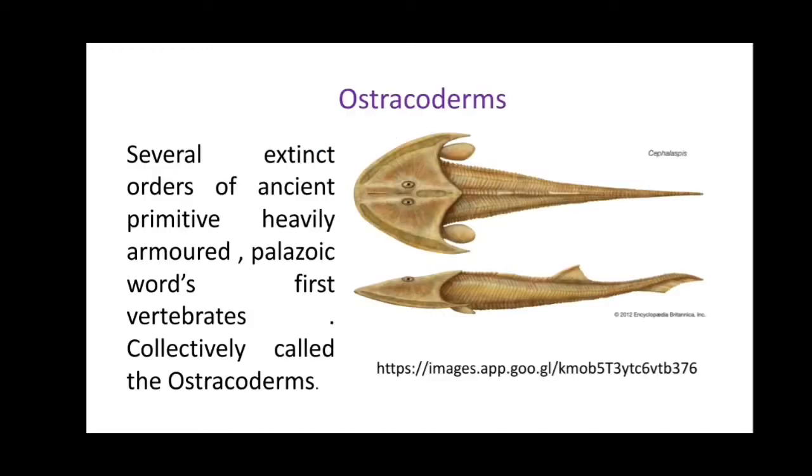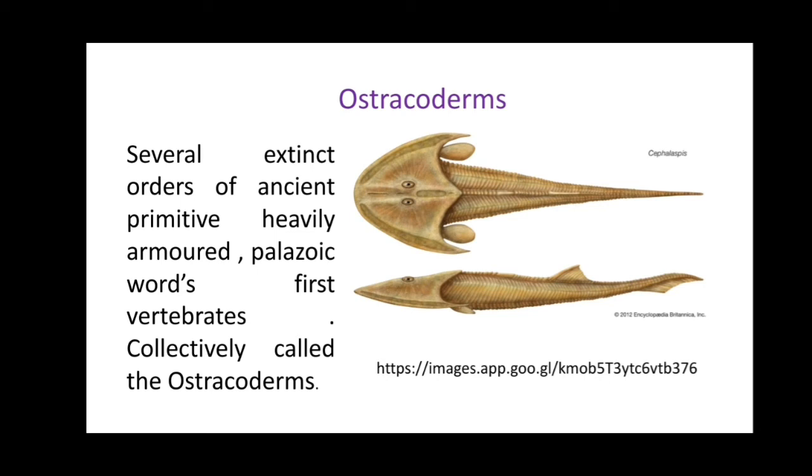Here, in the class Ostracodermi, you can see these ostracoderms included several extinct orders of ancient, primitive, heavily armored Paleozoic first vertebrates, collectively called ostracoderms.